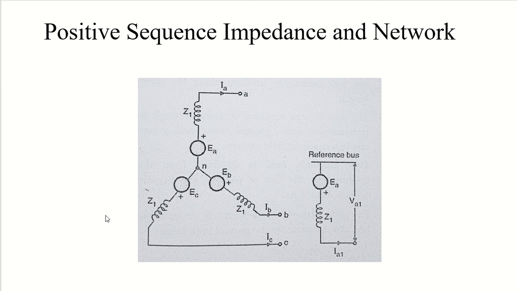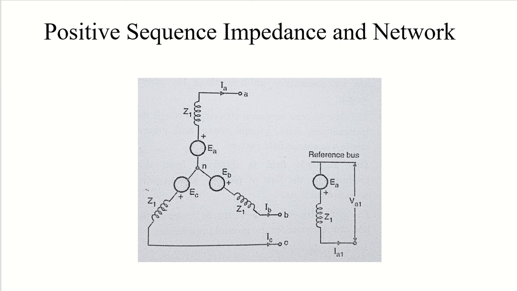Because of that, the machine will offer direct axis reactance, and its value will reduce from subtransient reactance. Like initially we discussed that initially its value will be xd double dash, then it will be xd dash, and then finally it will be xd. So here xd double dash represents the subtransient reactance, xd dash will represent the transient reactance, and xd will represent my steady state reactance.